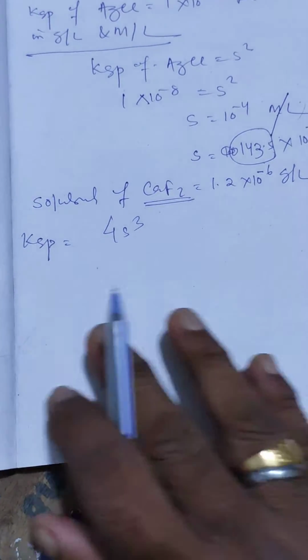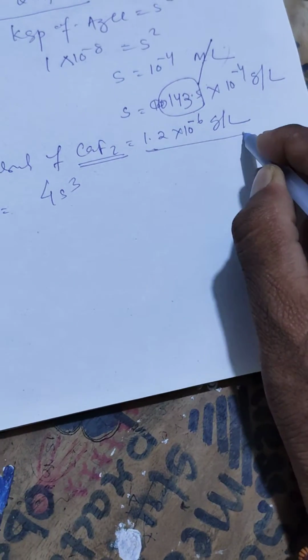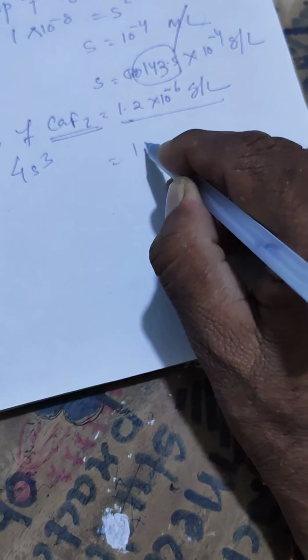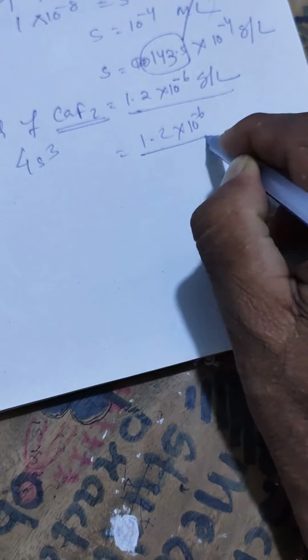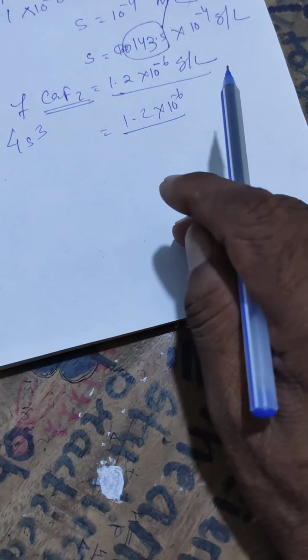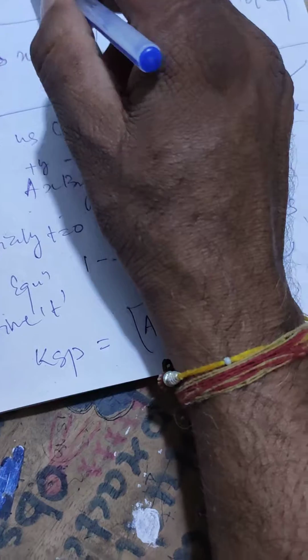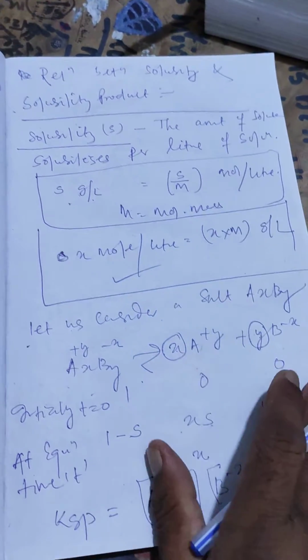So in the 4S cubed relationship, the S is given, but unfortunately this is given in gram per liter. We can convert to moles per liter by dividing by the molecular mass. You know that we have already explained how to convert gram per liter to mole per liter in other chapters. So here we have the gram per liter, and we can convert it to moles per liter.